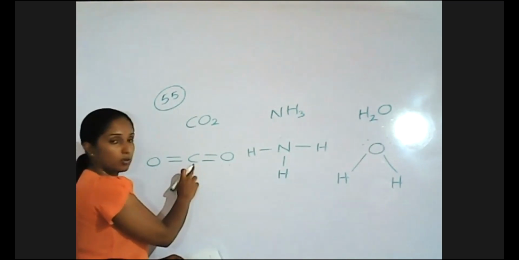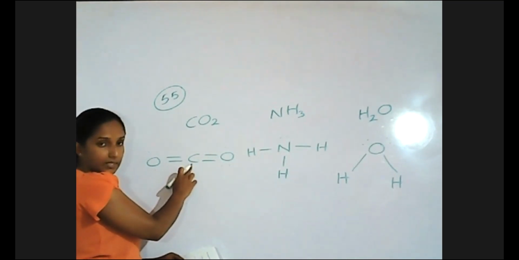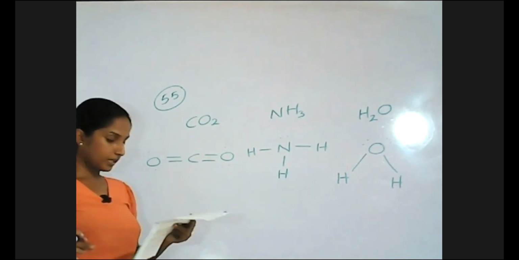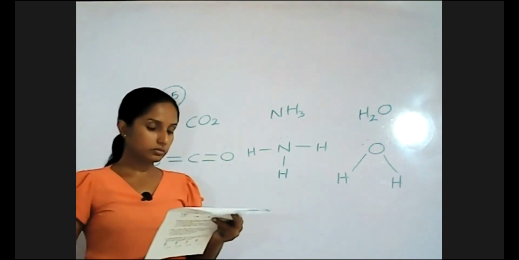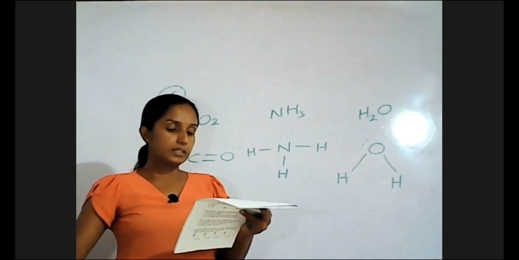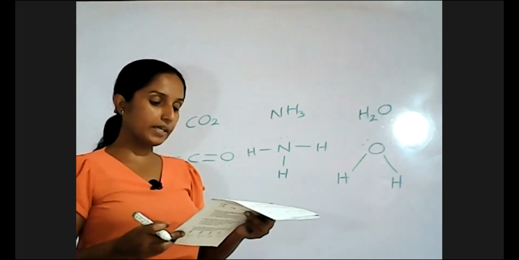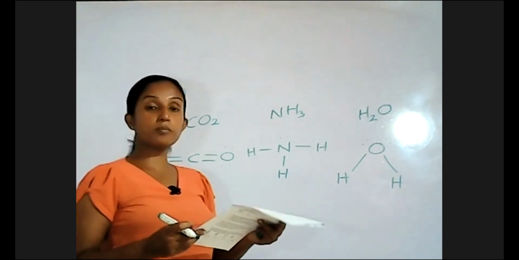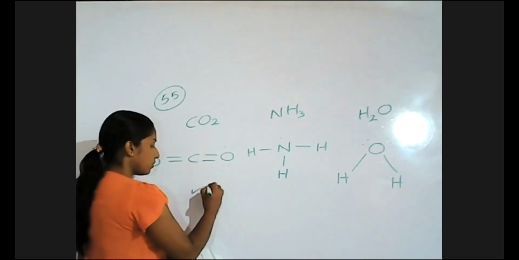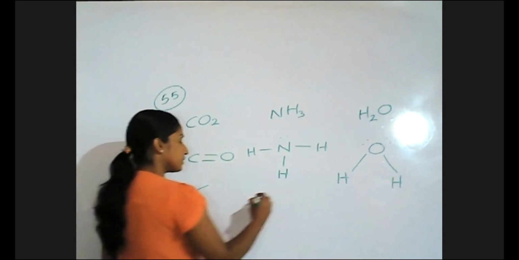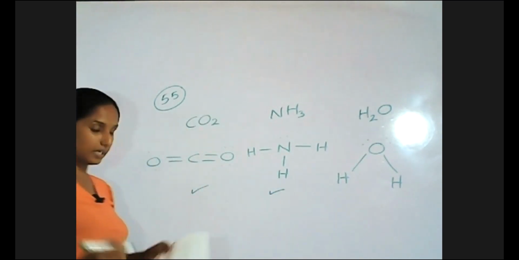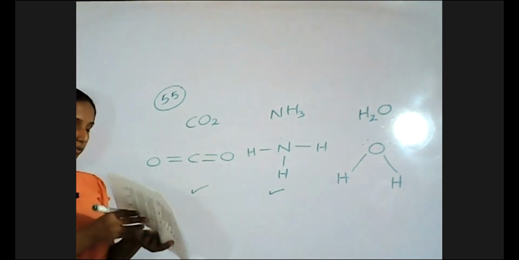But here that is wrong: carbon is the central atom and no lone pairs on carbon. Then the third one is also wrong. Look at the fourth one. The molecules exist only as gases at room temperature. Carbon dioxide gas, okay, ammonia okay, but water is in the liquid form. So the fourth one is also wrong.